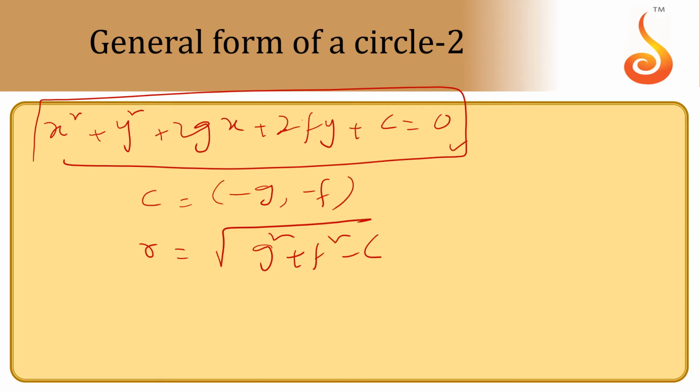So this is called the general equation of the circle. All the things which we learned for the standard circle, that is center origin, radius r, x square plus y square equals r square, still apply. The only thing is the center is minus g comma minus f. If the origin is shifted to this point, the circle will become a standard circle. So all the concepts you can shift to the general circle by applying the shifting origin concept.